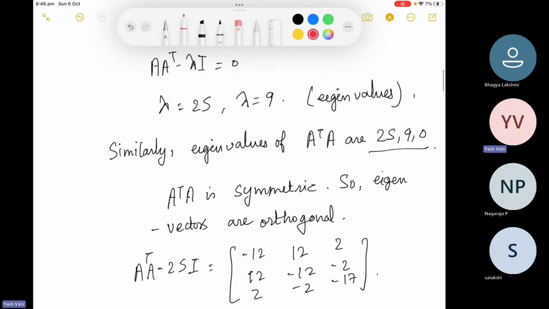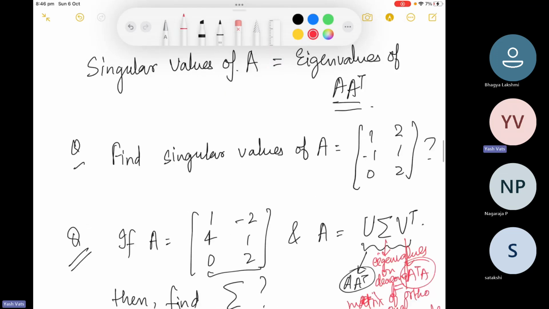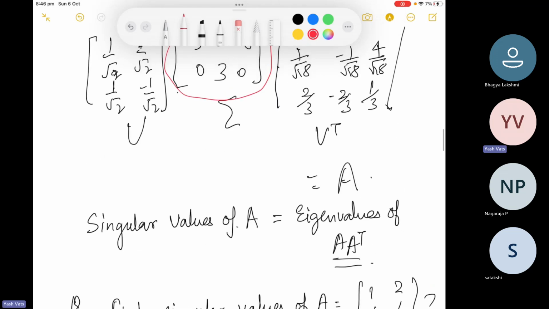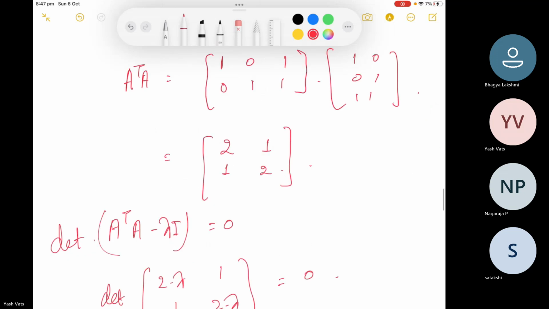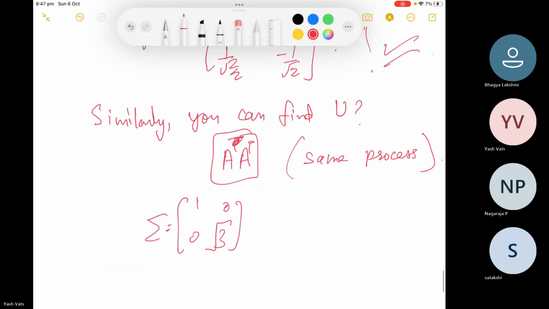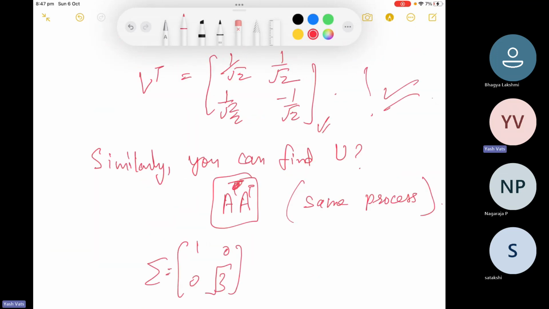Okay. Yes, so you have to ultimately make A, so you have to check the dimensions, right? For U, what is the dimension of U? And the dimension of V transpose in this case, what is that? So here the dimension of V transpose is 2 by 2, right?